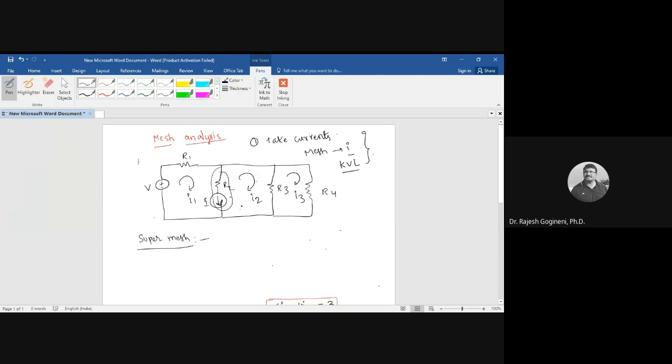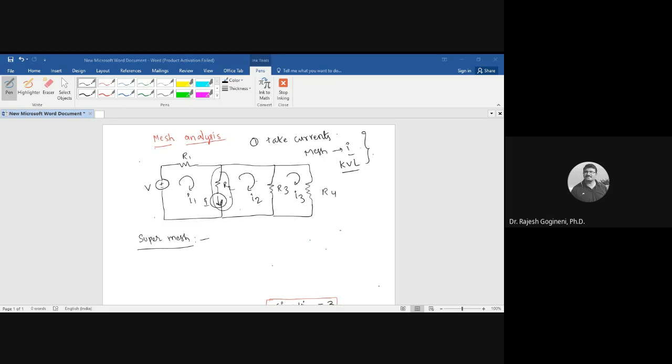Suppose you find a current source in any loop or mesh. Then we take the two loops which have the current source as the boundary between them, and that is considered the super mesh. Now I will show you how to apply it. The first one, I1 and I2, these two together are assumed as a super mesh. Are you following?